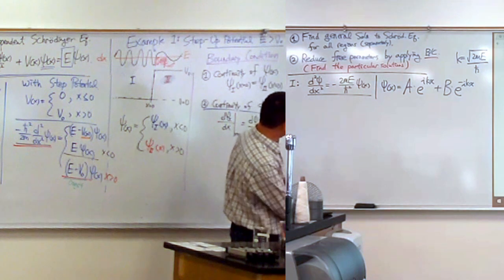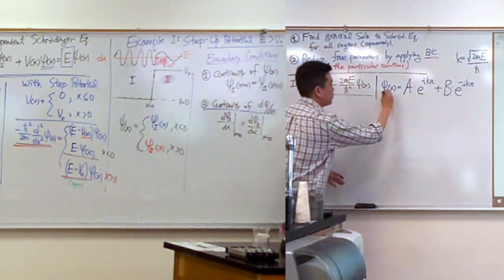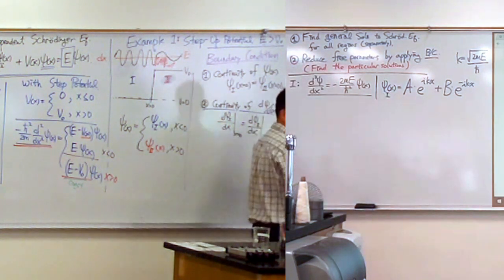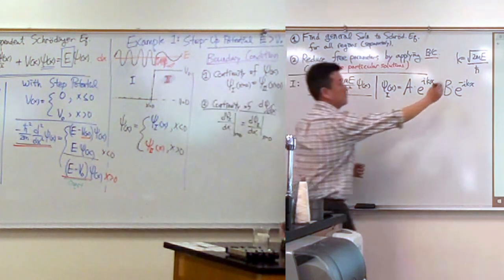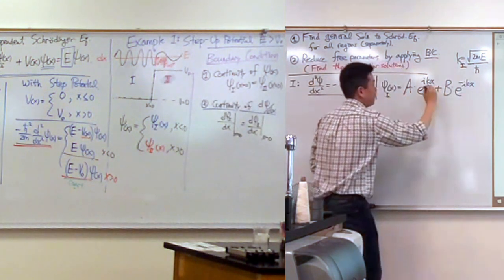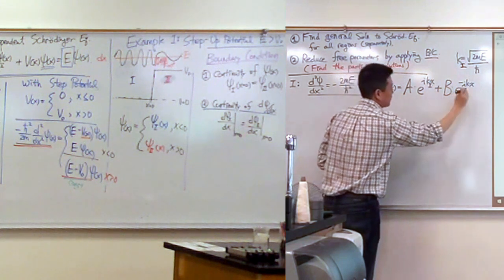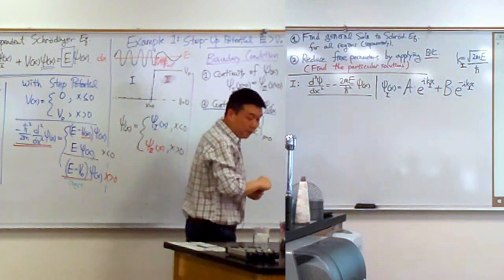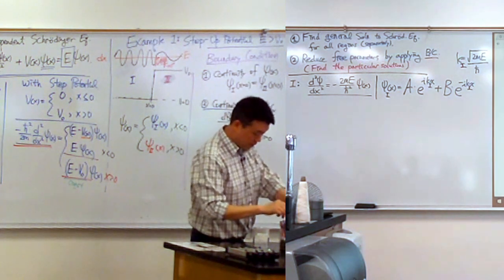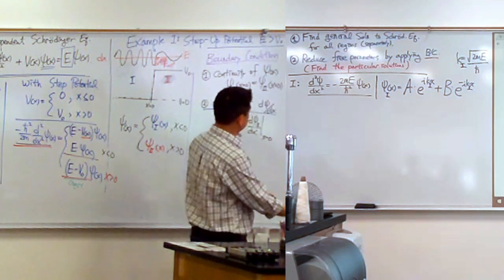All right, so that's the general solution for psi 1, the wave function in region 1, and this should really be k1. Let me just start using different symbols so that I'm tracking them correctly. Let me do that for region 2. Region 2 will not be that much different.